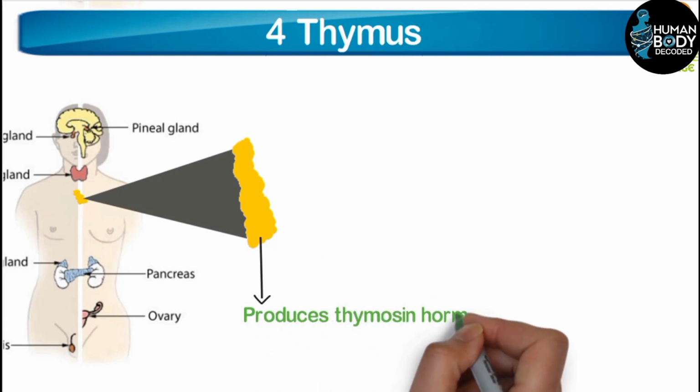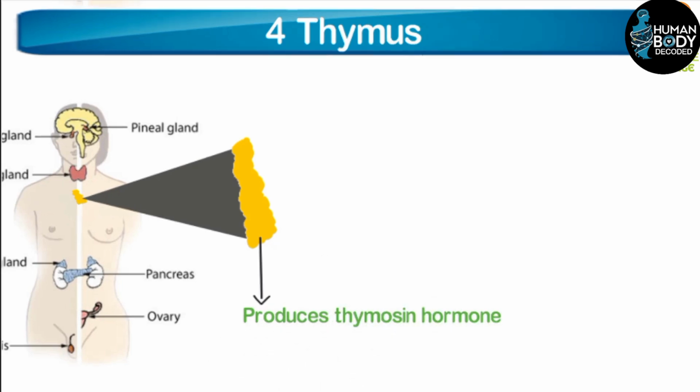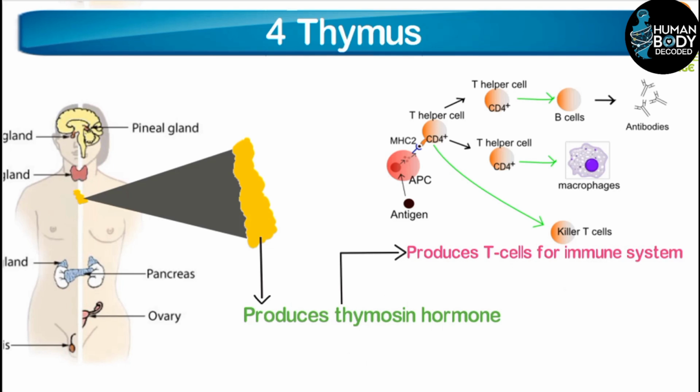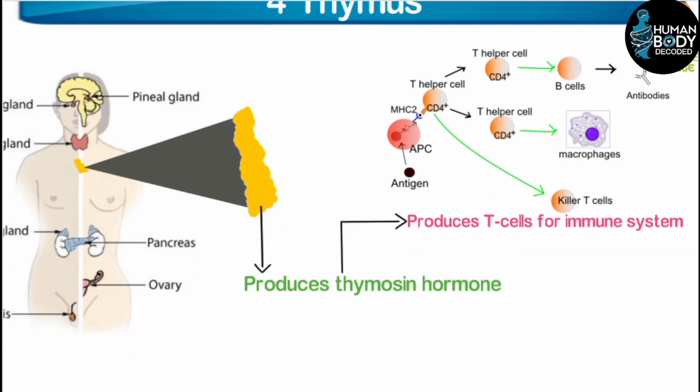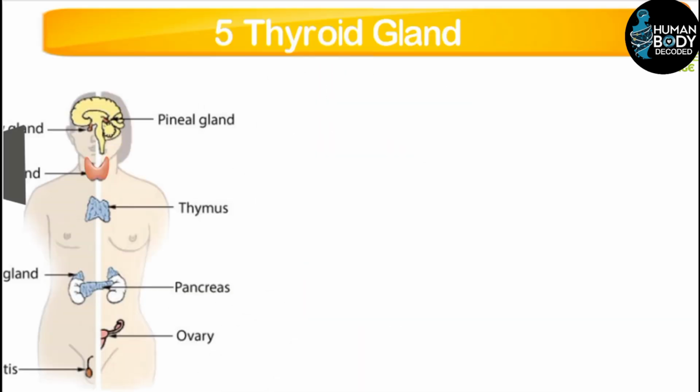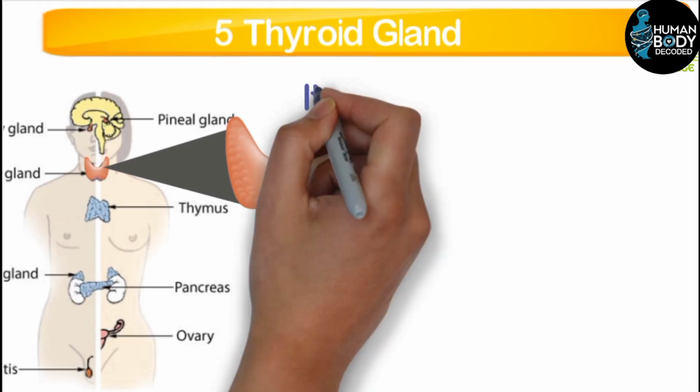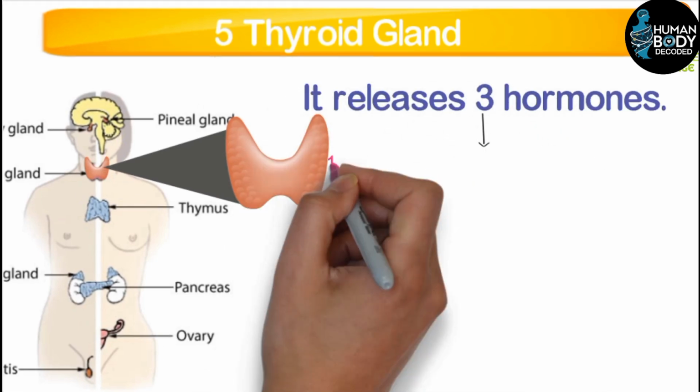The hormone released by the thymus is called thymosin. What does thymosin do? It helps in the functioning of the immune system of our body and produces T cells. And what do they do? They help fight various diseases in our body. Now we come to the fifth gland called the thyroid gland. The thyroid gland releases three hormones in our body.